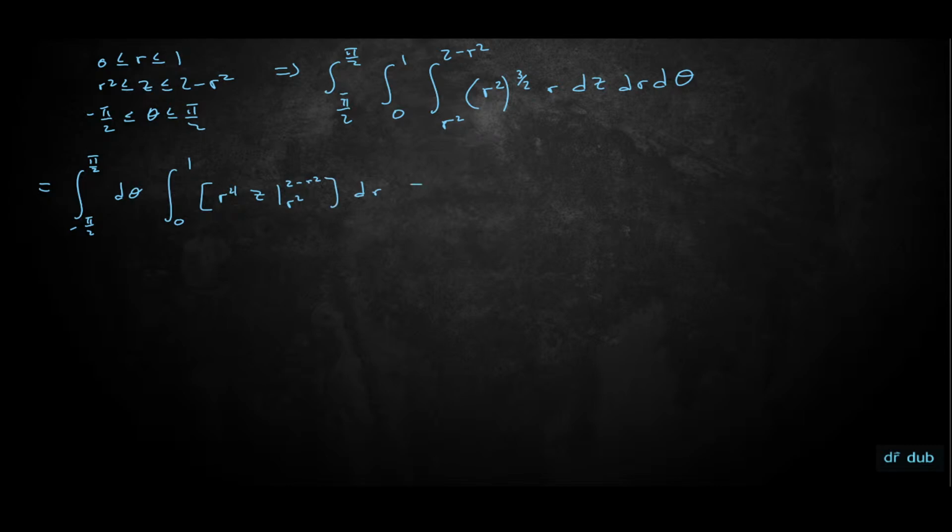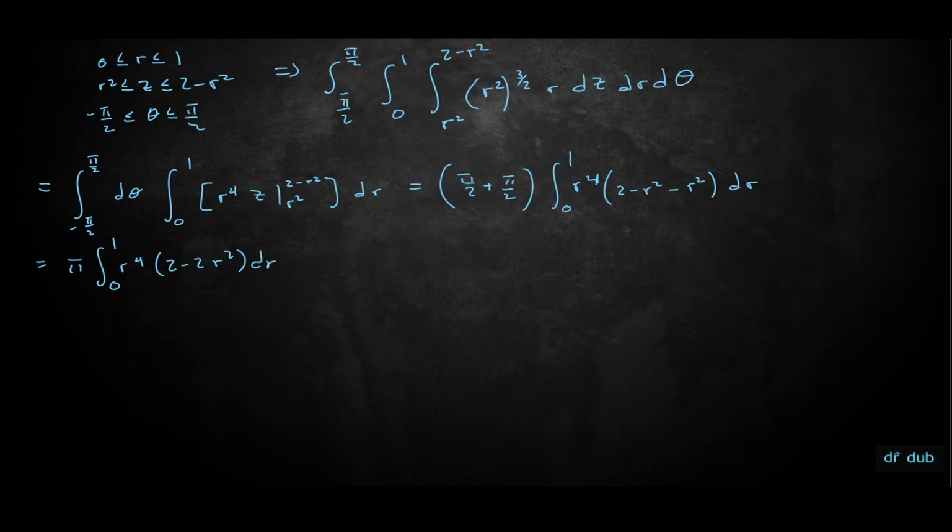dr. So this is going to be pi over 2 plus pi over 2 out front, integral 0 to 1, r to the 4 times, plugging in the bounds, we get 2 minus r squared dr. So this is going to be pi integral 0 to 1, r to the 4 times 2 minus 2r squared dr. Nice polynomial, so pi times two over 5 r to the 5th minus 2 over 7 r to the 7 from 0 to 1.